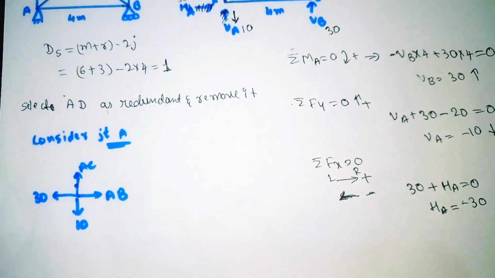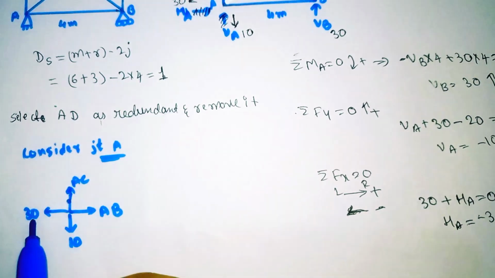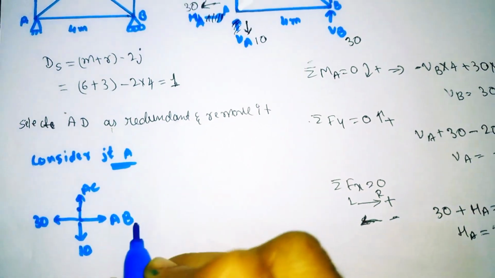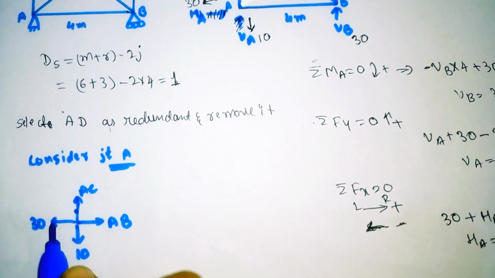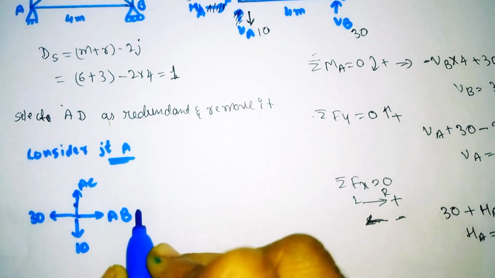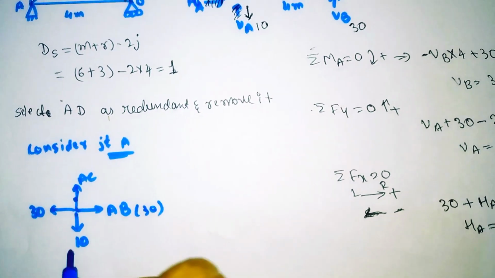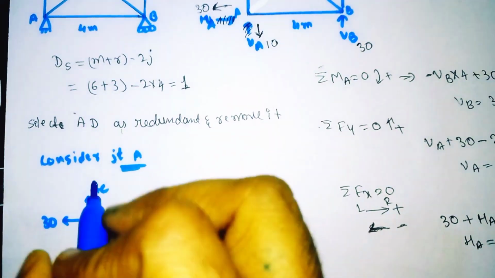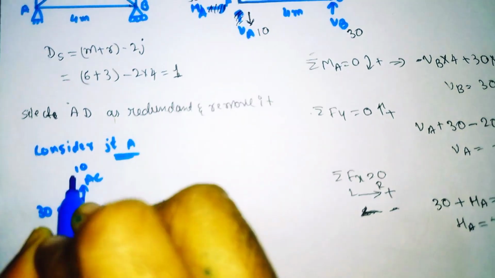One simple thing I will tell you. How to calculate this? If this member has the 30, opposite of it also has the 30, but the direction will change. So if it has a minus 30, obviously the answer of AB will be positive 30. It has the 10, so opposite of it is AC, obviously it has the positive 10 only.